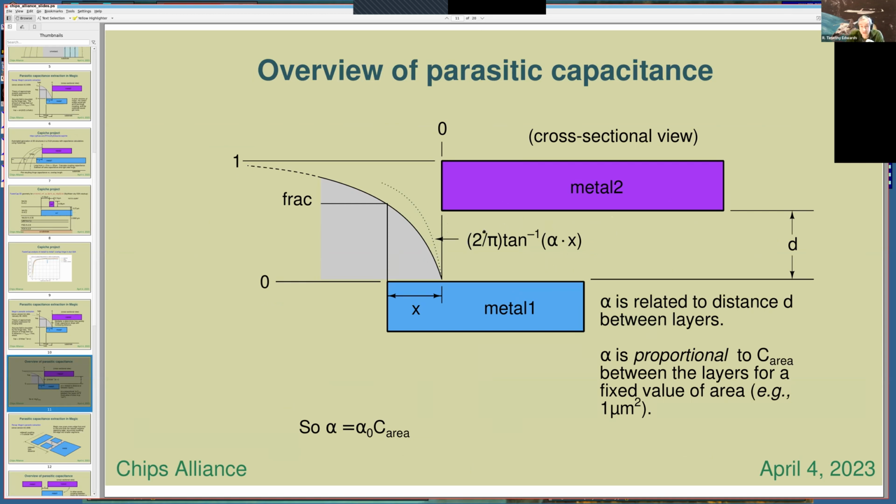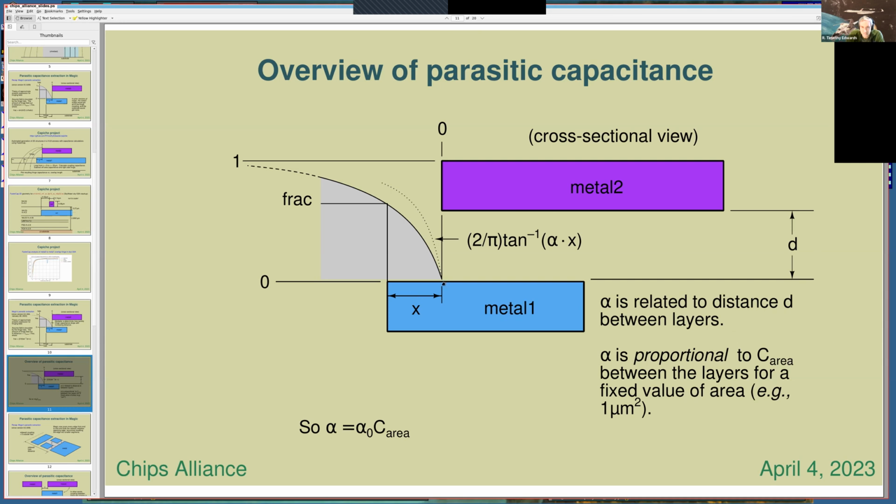But what I found was that, at least in hand-waving arguments, the concentration of the fringe capacitance is probably related to the distance. More accurately, it's related to the distance and the dielectric coefficient, so it is probably therefore related to the area capacitance.